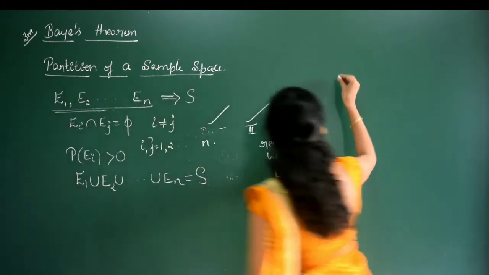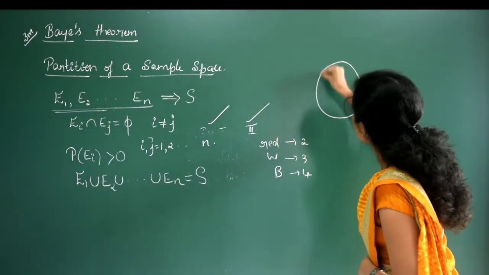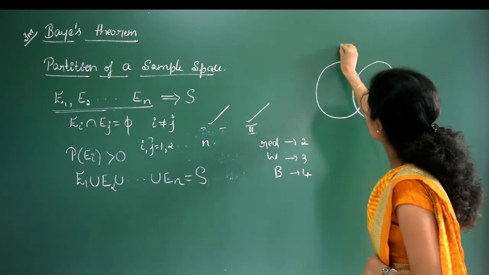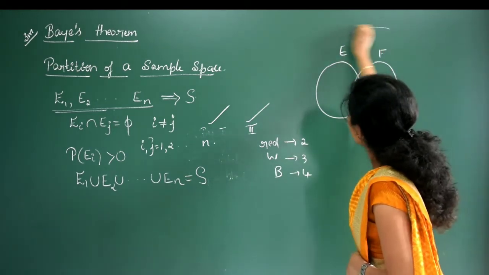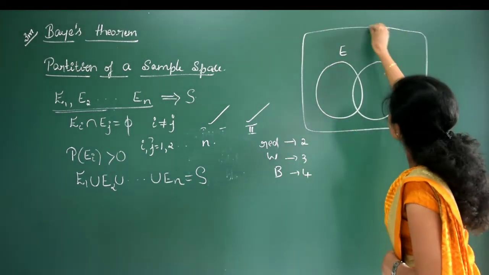For example, let me consider the events E and F, and the universal set is the sample space.